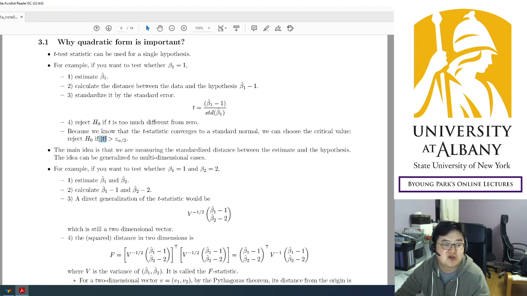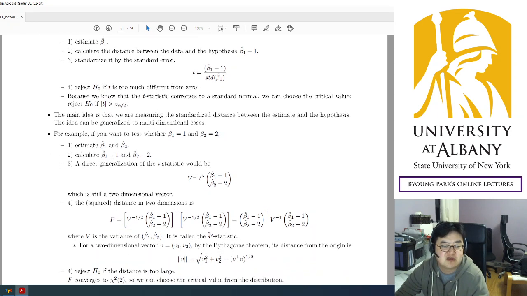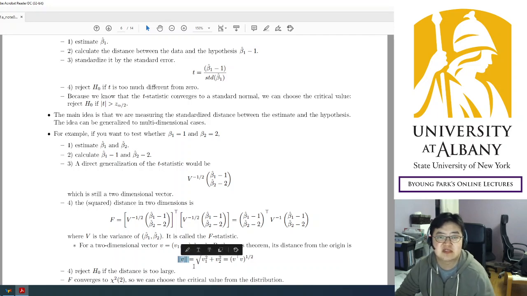But what is the generalization of taking an absolute value? Look at this. The distance must be calculated this way by the Pythagorean theorem, which tells you the vector distance is calculated this way.